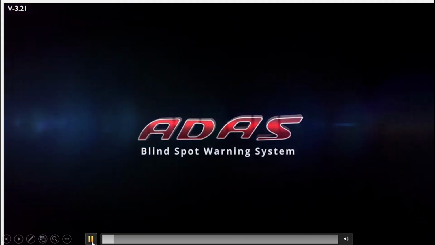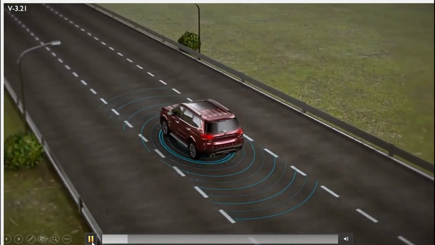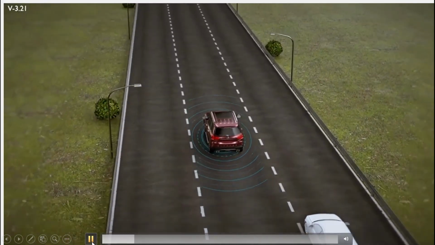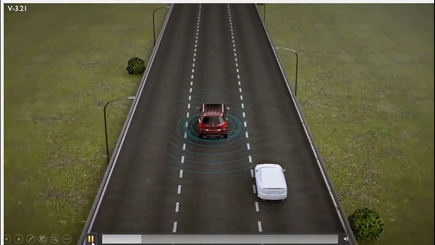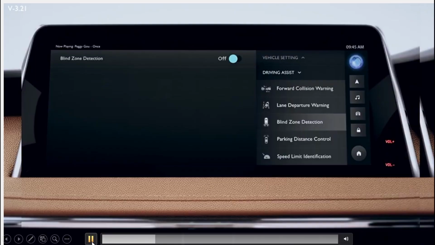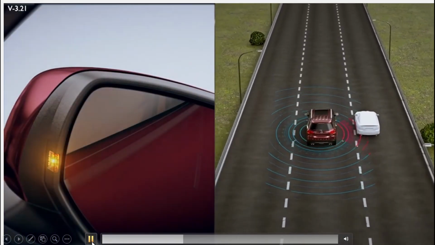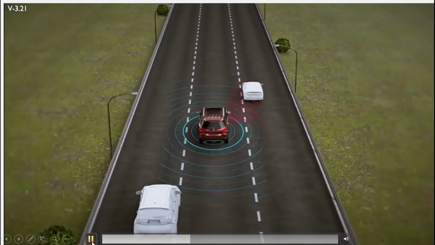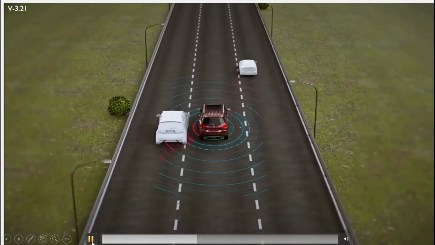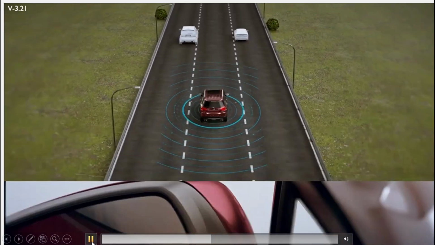Blind spot warning system. Blind spot warning system provides added safety. It is designed to warn the driver about approaching vehicle in the blind spot. Blind spot warning system can be activated or deactivated from the infotainment system. When there is an approaching vehicle in the right adjacent area or in the left adjacent area, the warning lamp on the corresponding ORVM will be turned on.